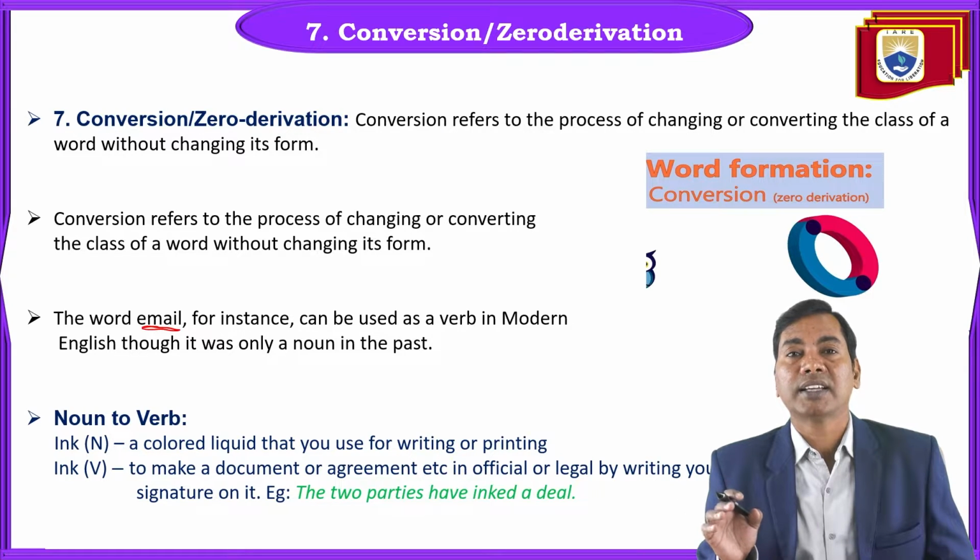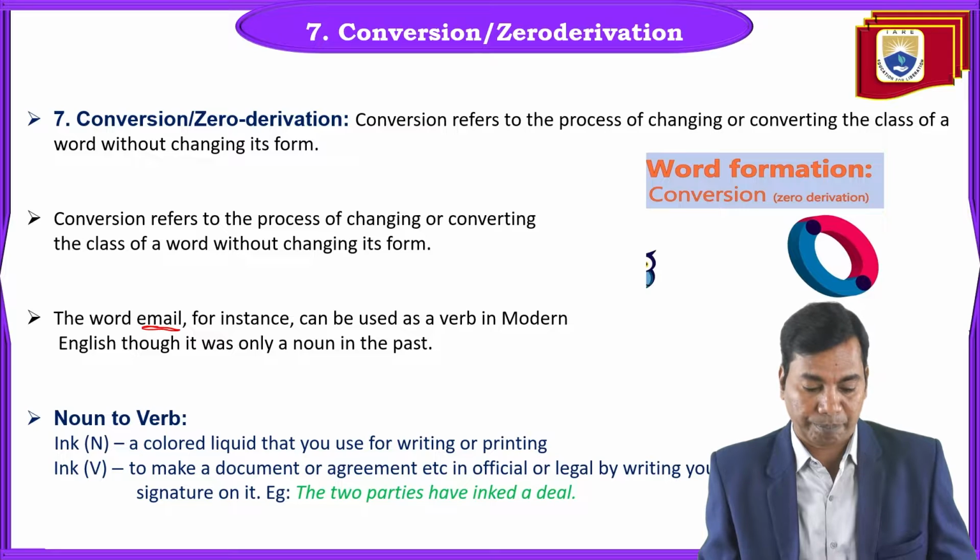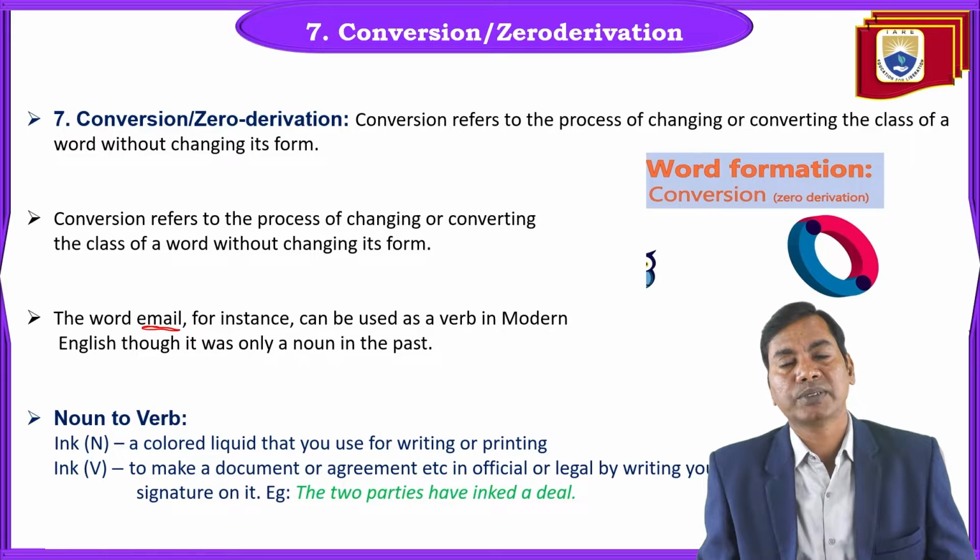So there, the word mail is used as a noun, right? For example, I sent a mail to you yesterday regarding the job process. In this example, the word email is used as a noun, and you can use the same thing as a verb also.